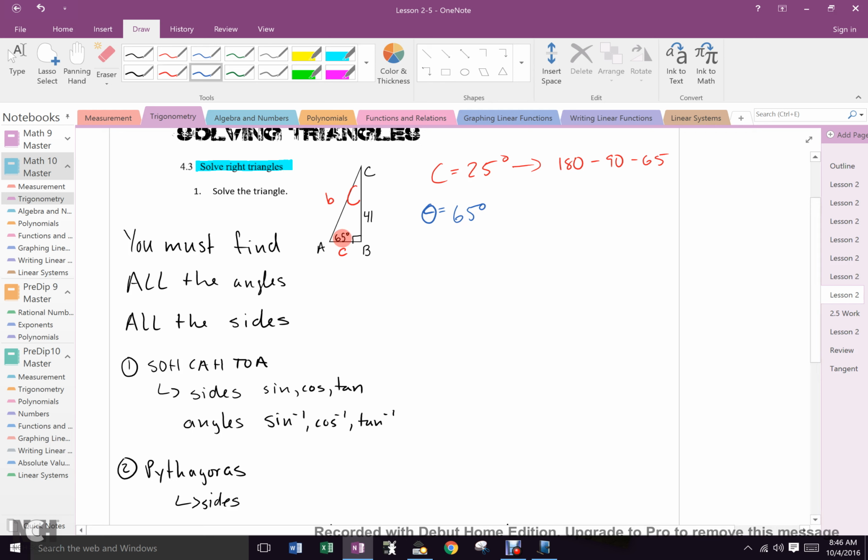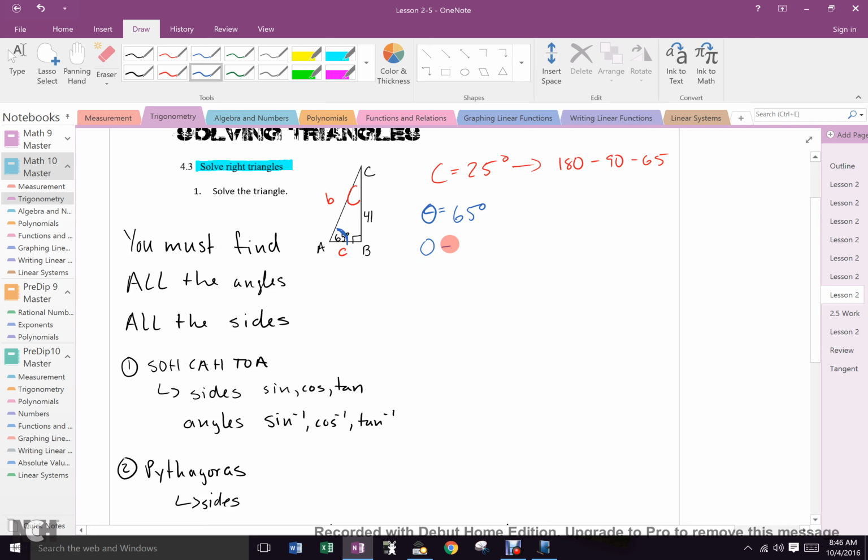Now, if 65 is where I'm starting, then all my opposites and adjacents must be from this point of view, yes? So from this point of view, what do I have? An opposite, adjacent, or a hypotenuse?